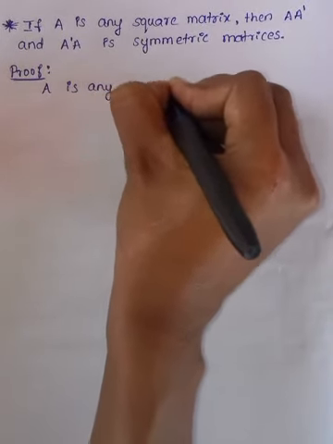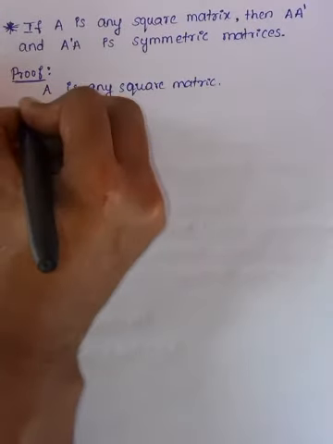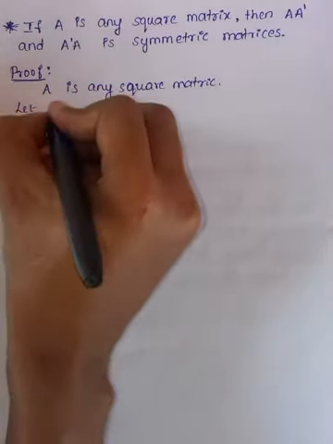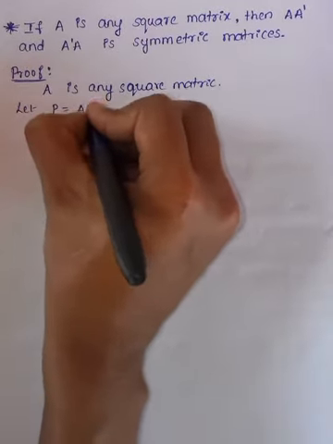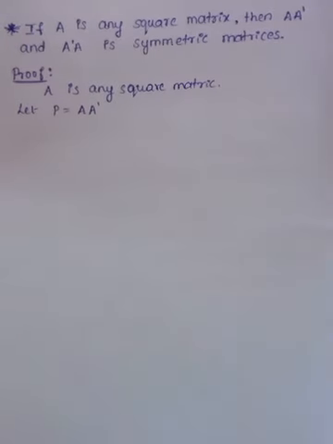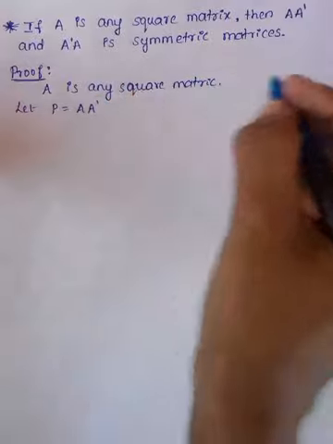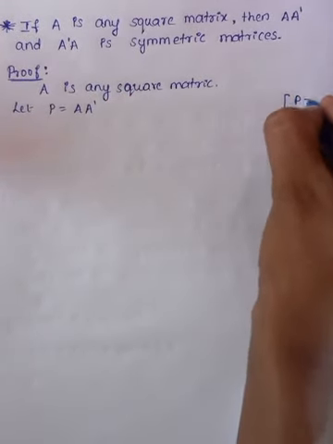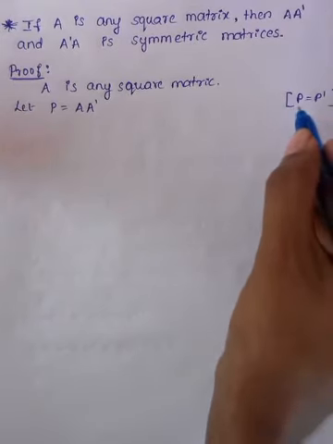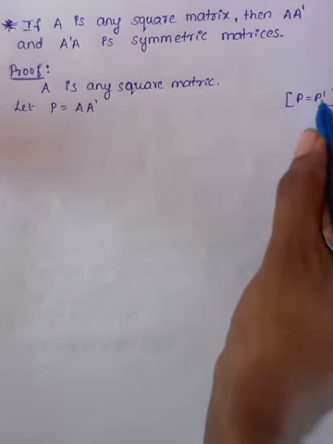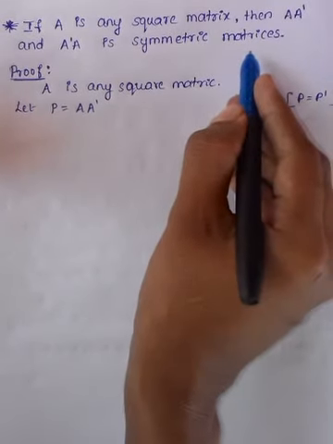Let us take matrix P equal to A into A transpose. To show A into A transpose is symmetric, we have to show P is equal to P transpose, or P transpose is equal to P. When you show P is equal to P transpose, then that matrix P is a symmetric matrix.